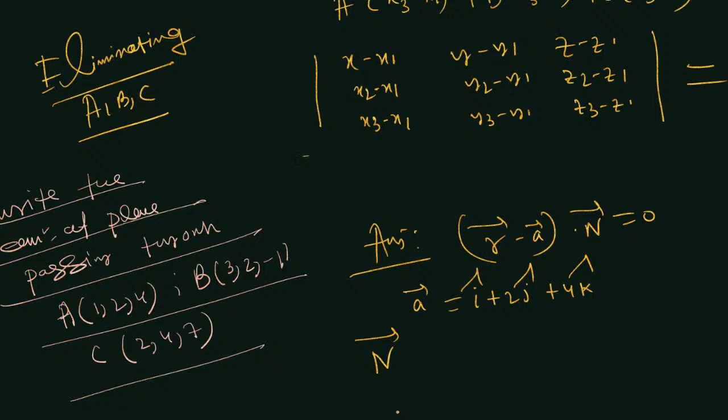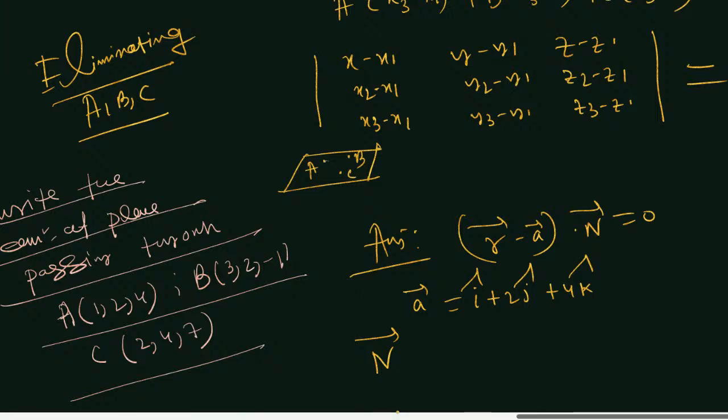Perpendicular to the plane containing 3 points. I remind you again: A, B and C, 3 non-collinear points, will decide the equation of the plane. Why? Because n cap you can get very first, BA cross BC is perpendicular to the plane.